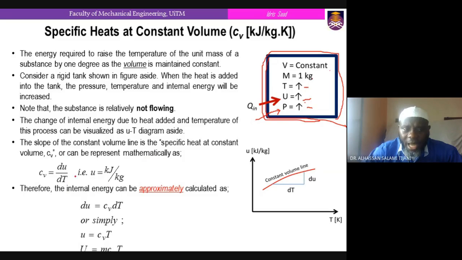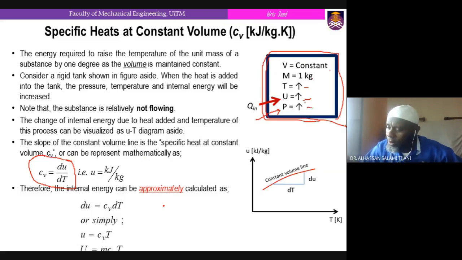So now we can mention that as far as specific heat capacity at constant volume is concerned, it is defined through the ratio of the change in internal energy to the delta T. So we can express the specific heat capacity at constant volume as delta U divided by delta T, where U is the internal energy.